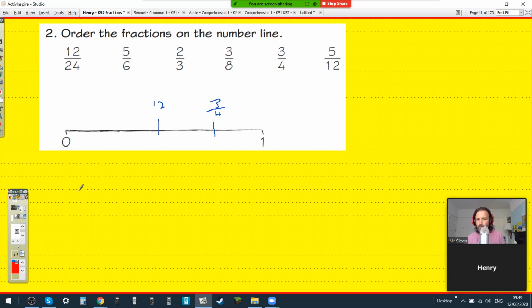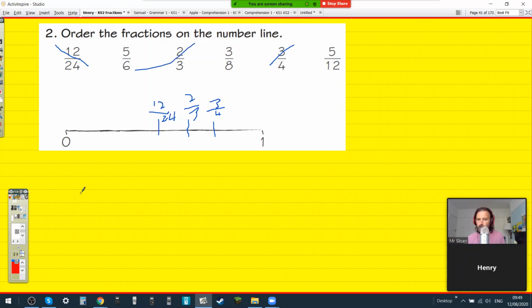Just about half, I would say. And then 2/3 would be in the middle of these, I guess. And then I'm just gonna cross them off so I know which ones I've used.